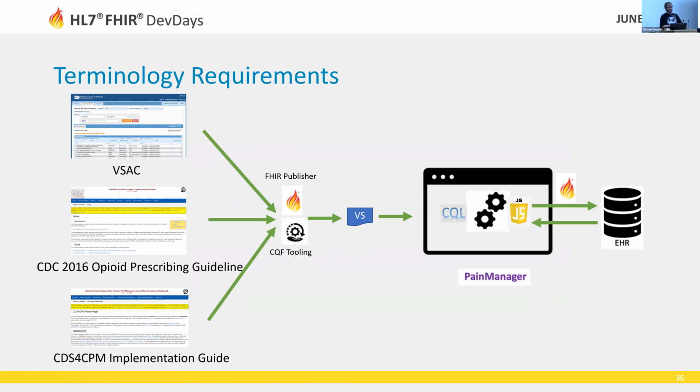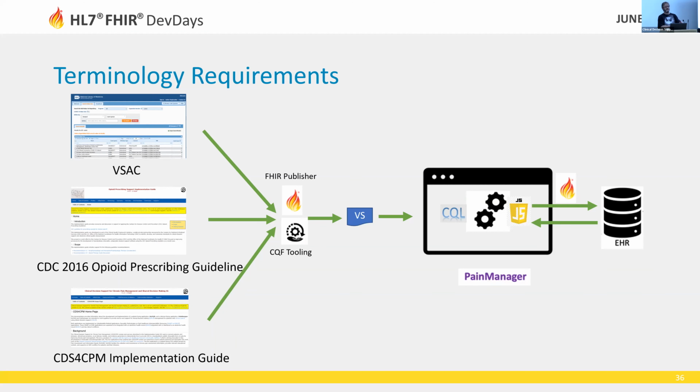We've also reused that. So here's another example of the benefit of these things being in IGs. The opioid prescribing guideline has all of the value sets associated with that were developed for that project. There's a CDS for CPM implementation guide that's able to take that information from there, as well as the VSAC terminology that the original opioid pain management summary had defined.